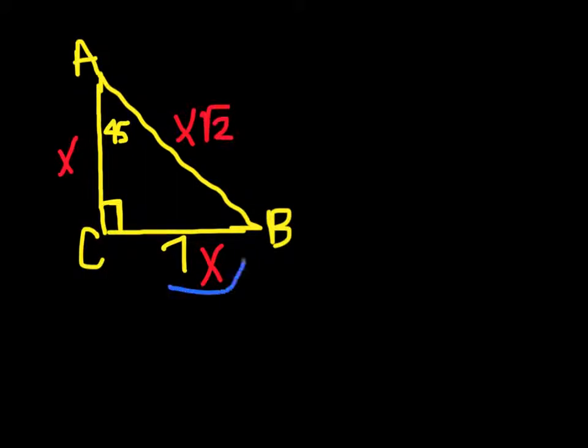I know that my x value is 7. So I know side AC is 7 because I just plugged 7 in for x. And I know AB is 7 square root of 2. Again, because I'm plugging in my x value of 7 into wherever there's an x on my triangle.